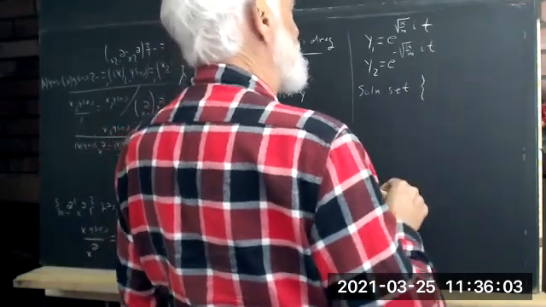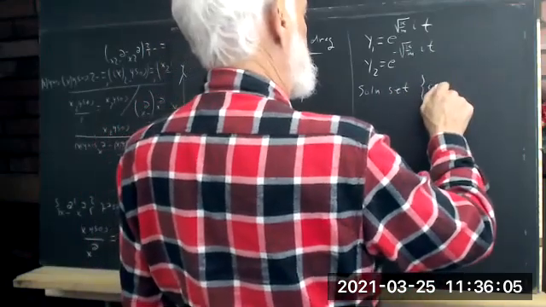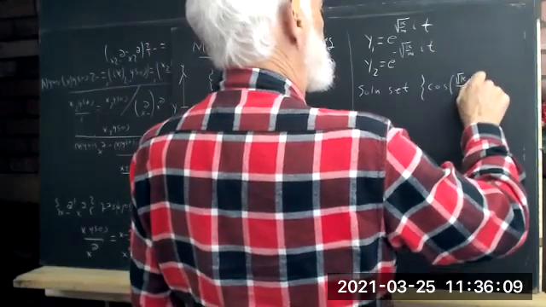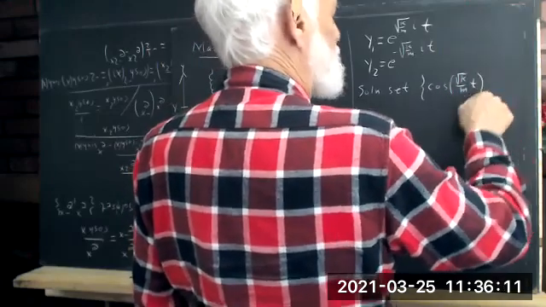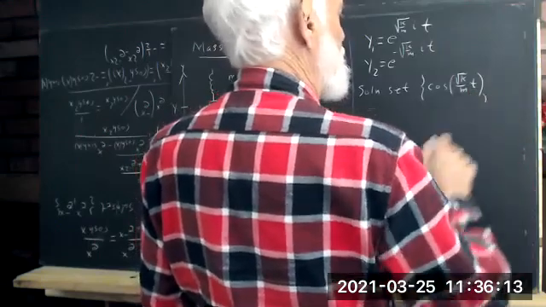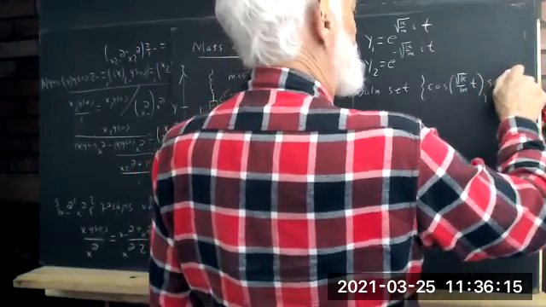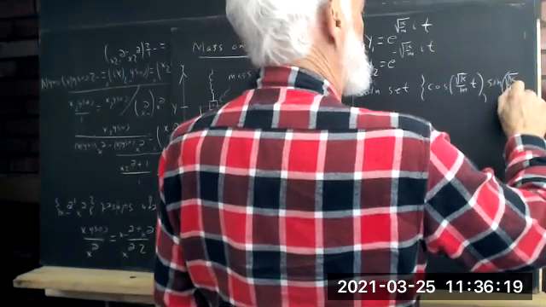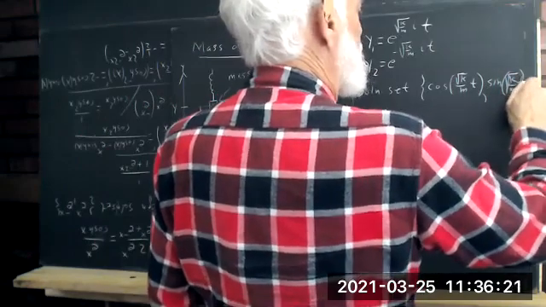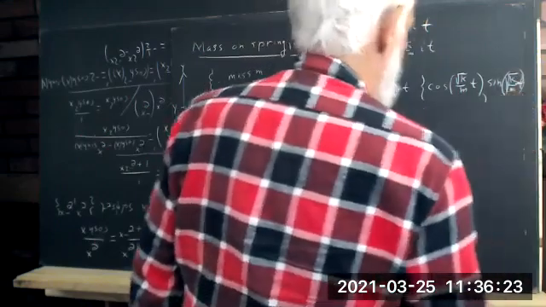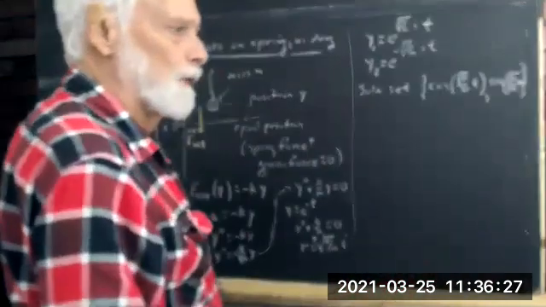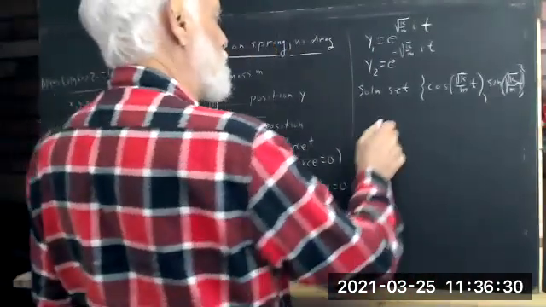The solution set is a cosine square root of k over m t and the sine, and you can't read that, and there's some curly braces out here that don't even exist in my solution.